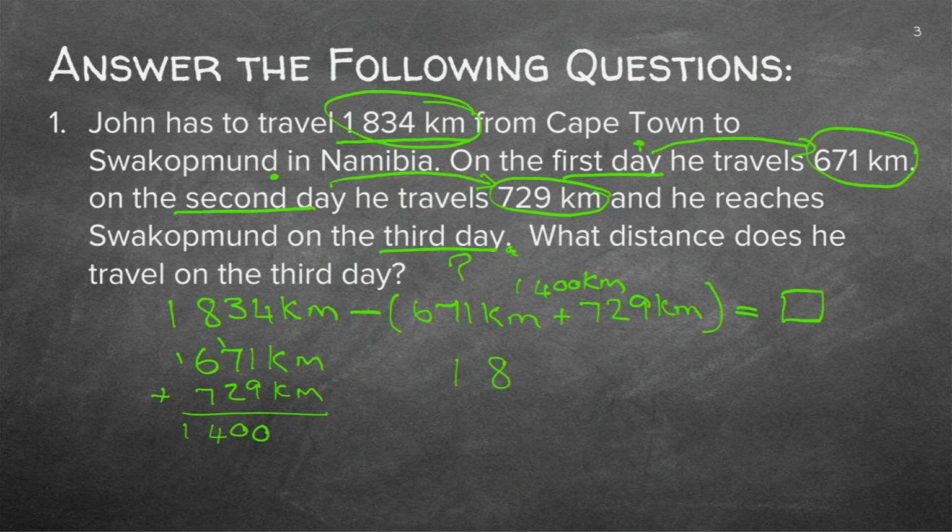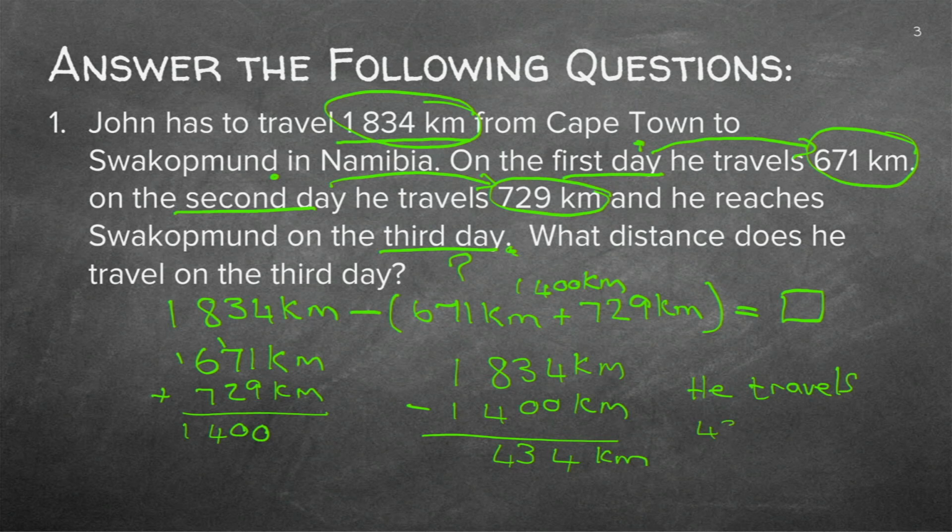Now I can say 1,834 kilometers minus 1,400 kilometers. This is easy, and that will give me 434 kilometers. So what distance does he travel on the third day? He travels 434 kilometers on day 3.